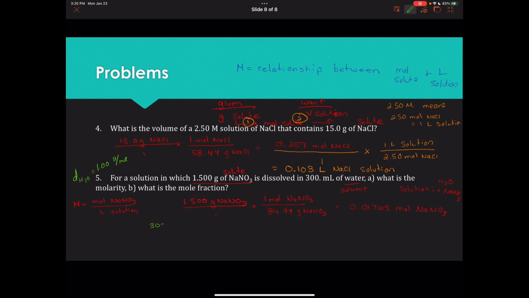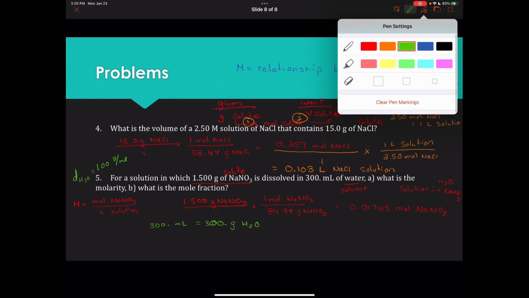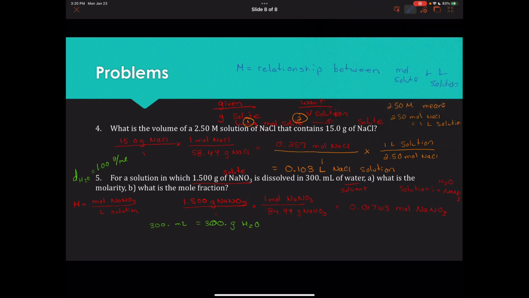So we've got to know that water's density is 1 gram per milliliter at room temperature. And so if water's density is 1 gram per milliliter, then that means that 300 milliliters has a mass of 300 grams. So my solution is going to be the 1.5 grams of sodium nitrate plus the 300 grams of water, which is going to give me 302 grams of solution.